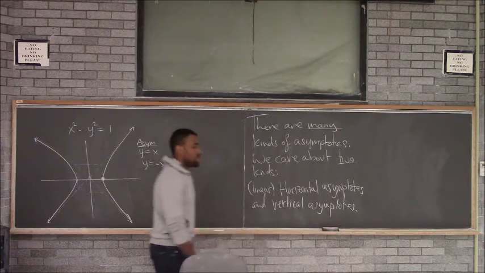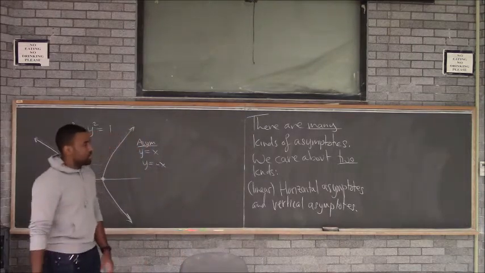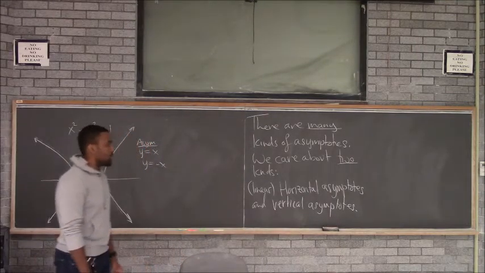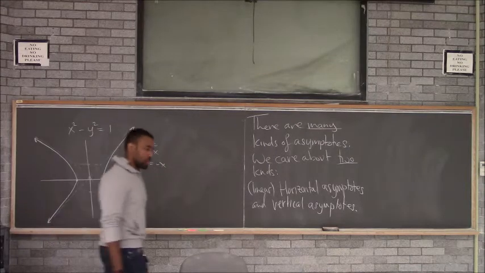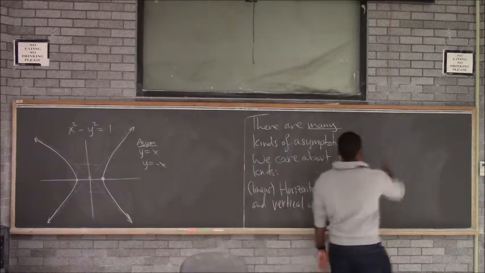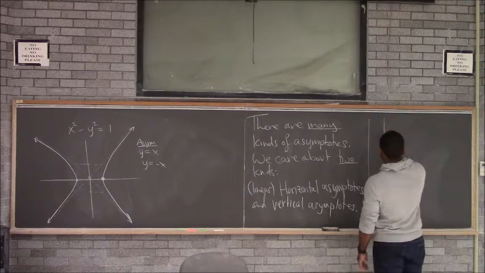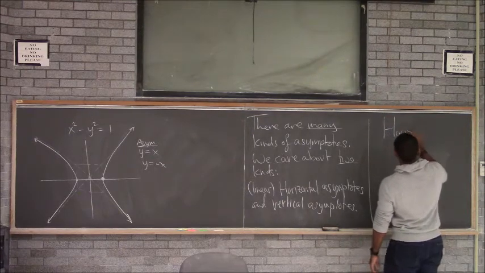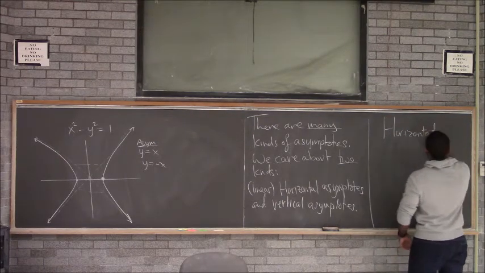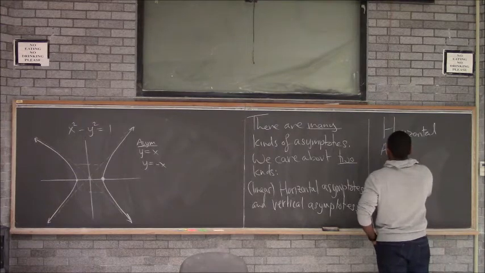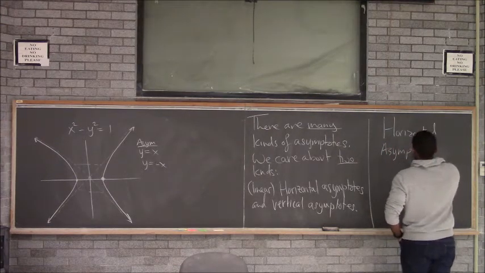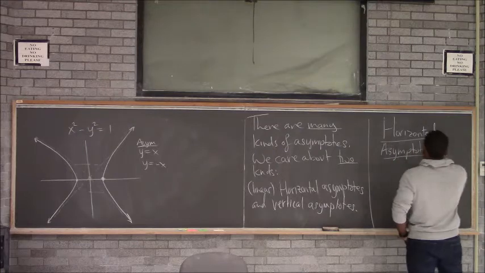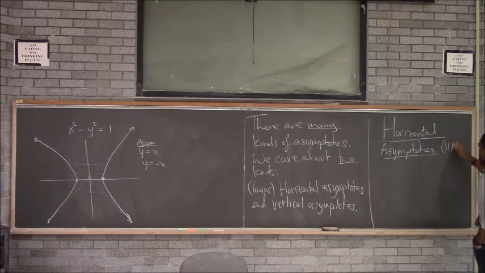I'm going to need you to be able to identify via calculations and graphing horizontal and vertical asymptotes. So let's take them one at a time. Let's deal with horizontal, which I'll probably abbreviate HA. I can't bother writing that out all the time.